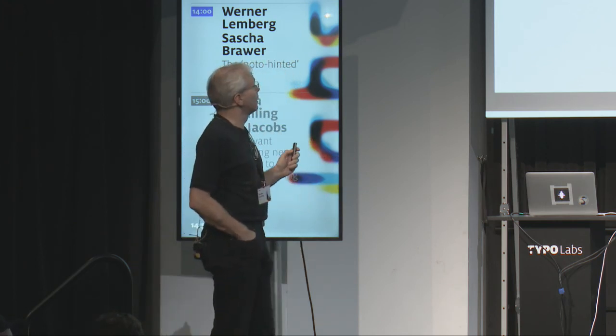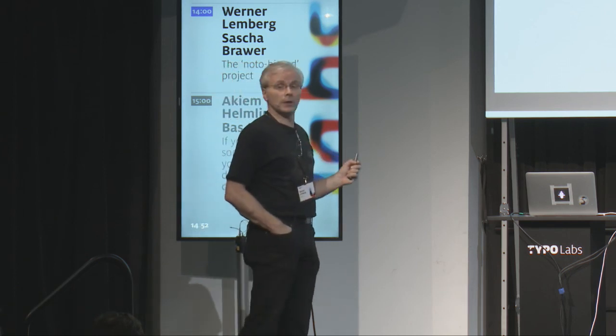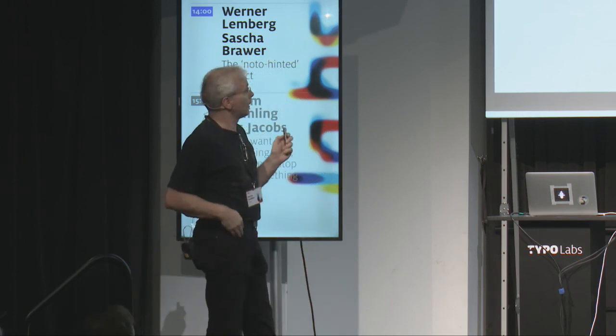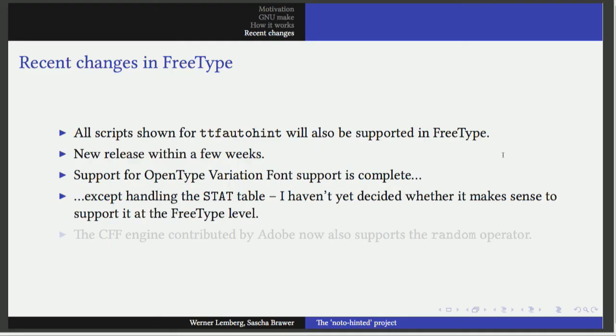And the most important information is that variation font support in FreeType is complete. So only one feature is probably missing, and this is a topic which I have to discuss with other developers. I'm not sure whether it makes sense to have the STAT table in FreeType. Maybe it makes more sense to have it one level higher. So this is not quite sure.